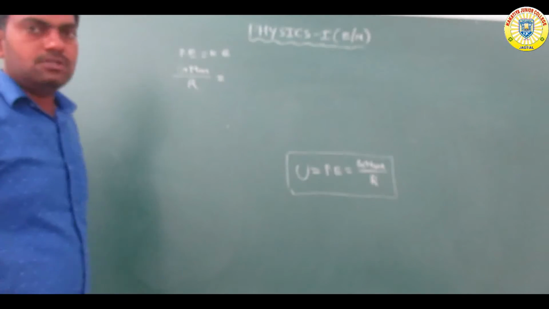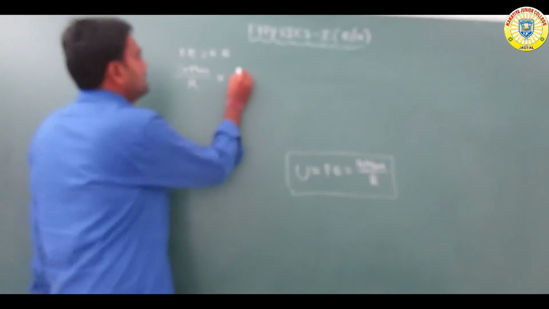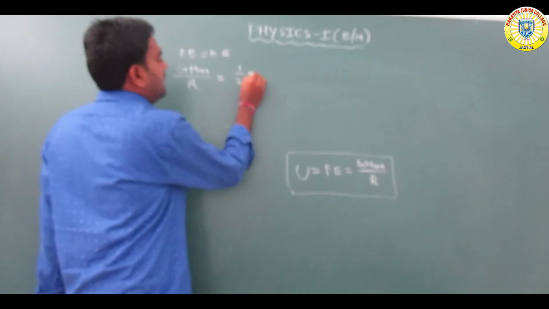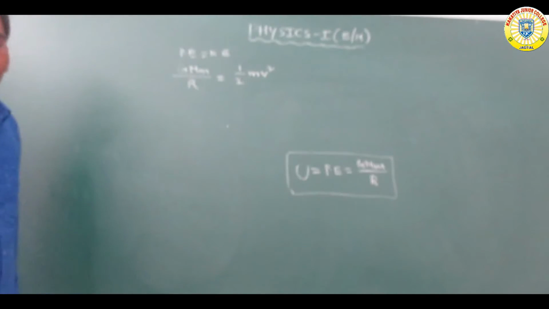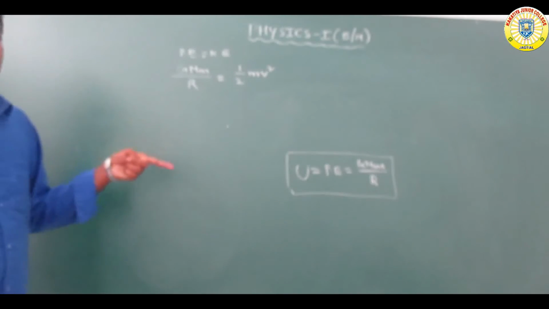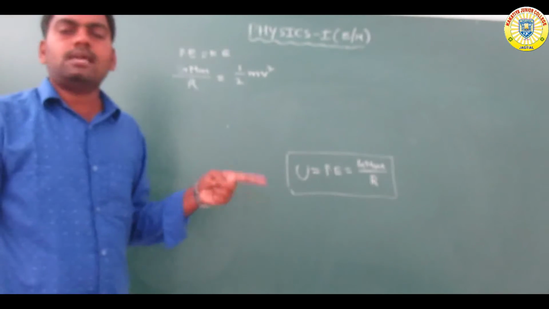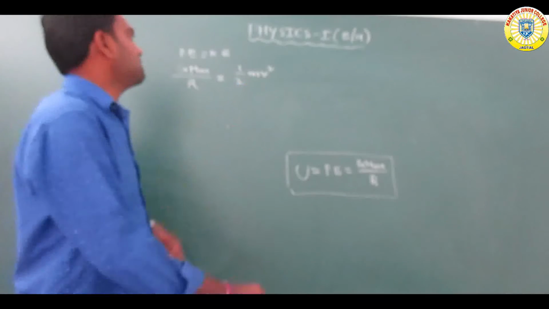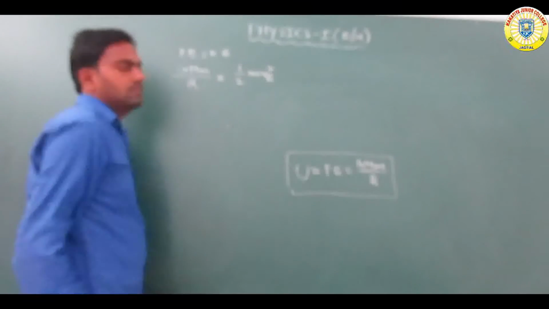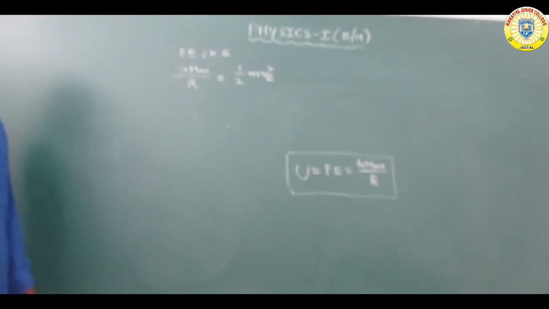The kinetic energy of any object is equal to half m v square. But here we consider the velocity as the escape velocity, which is denoted by v. So we write half m v square.